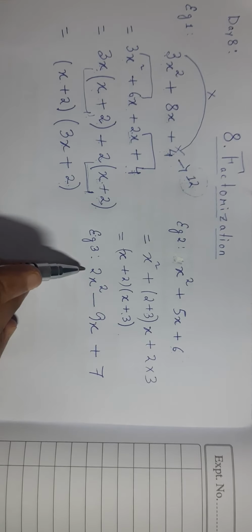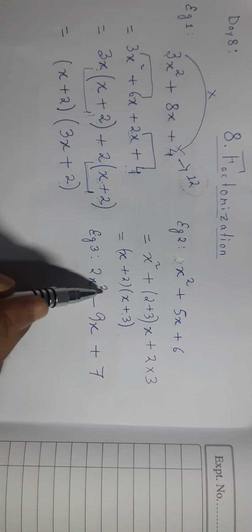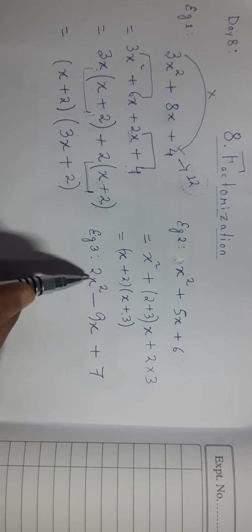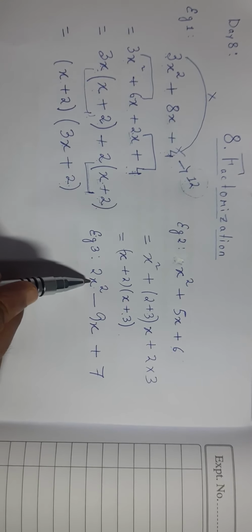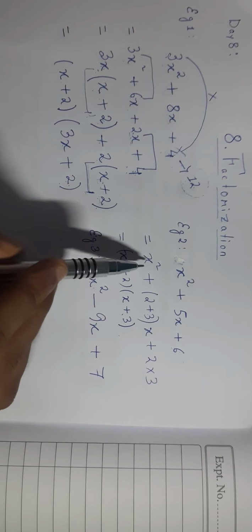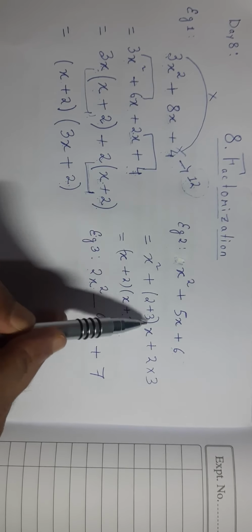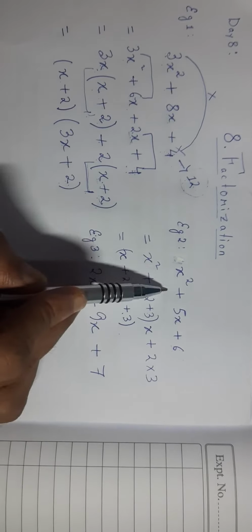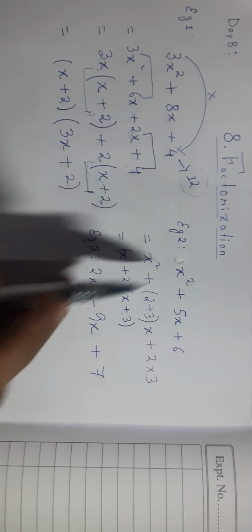In example number 3 also you will find that the coefficient of x square is not 1, it is other than 1, which is 2. So that means I cannot apply the fourth identity, which is x square plus a plus bx plus ab. Here I applied it because there the coefficient was only 1.